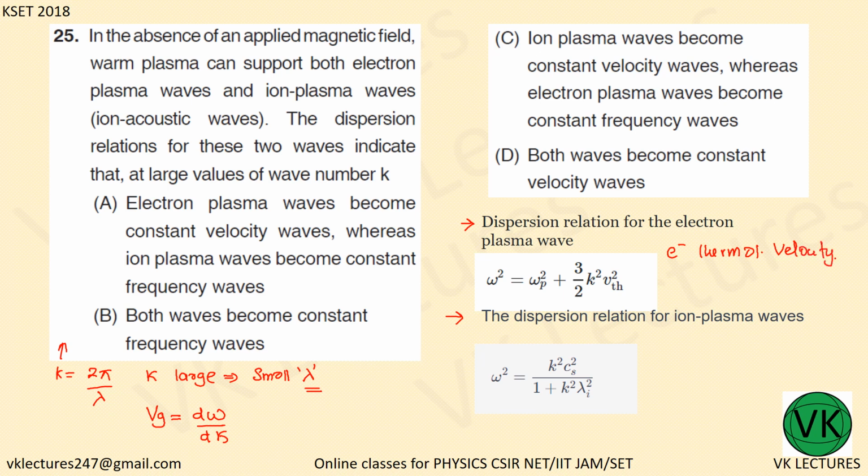Where k is the wave number, and s is the speed or the velocity.